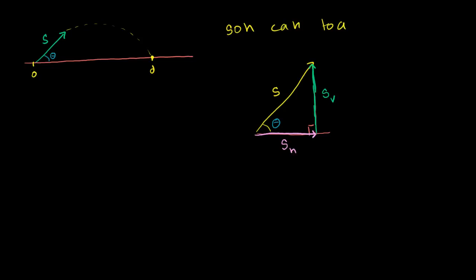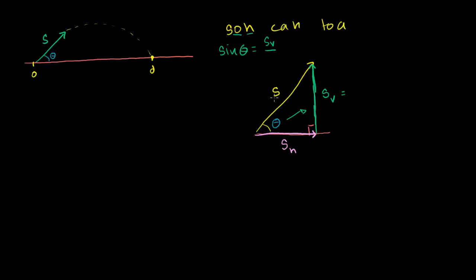So what's the vertical component going to be? Well, the vertical component is opposite this theta, and we know the hypotenuse is s, so we could use sine, because that deals with the opposite and the hypotenuse. And the sine function tells us that, let me do this in green, since we're doing all the vertical stuff in green, sine of theta is going to be equal to opposite, which is the magnitude of our vertical velocity, so the opposite side is this side right here, over our hypotenuse.